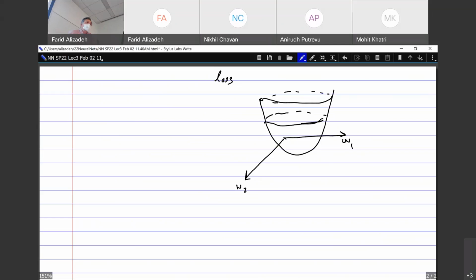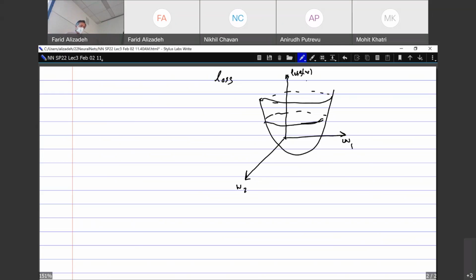So we have a loss of W here. If I had only 2 variables, the loss would be something like this.